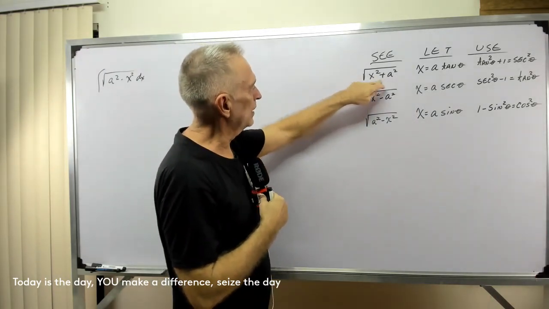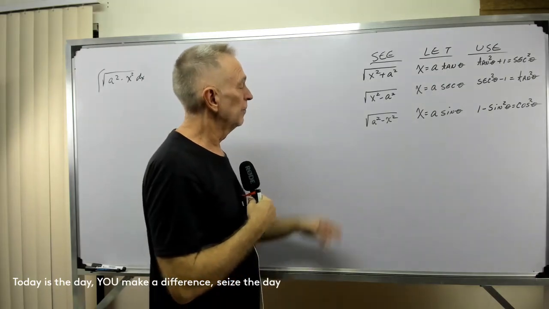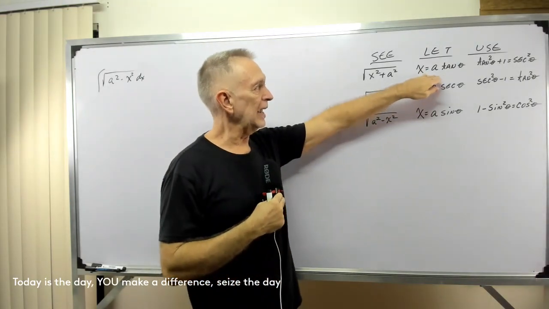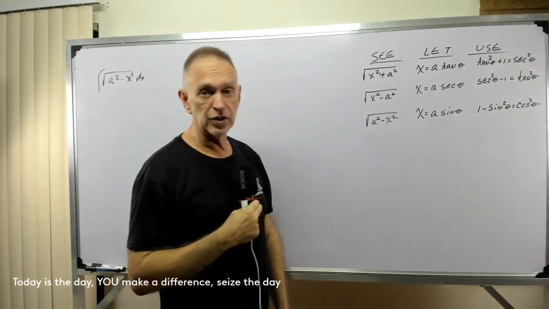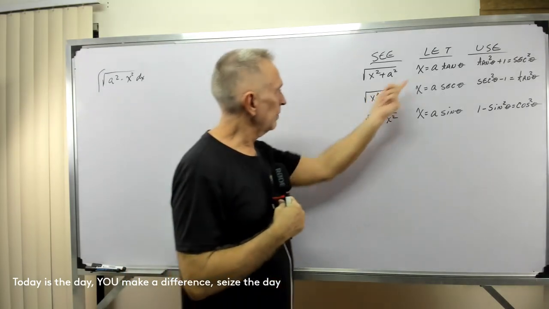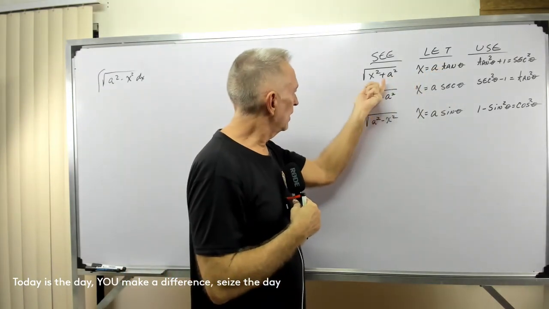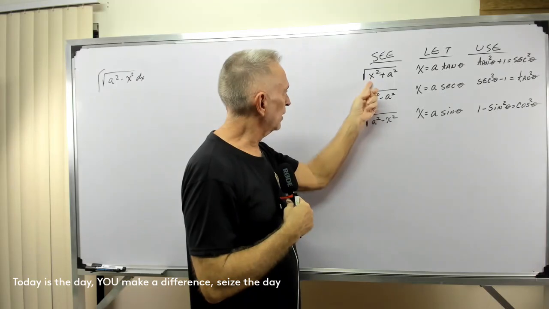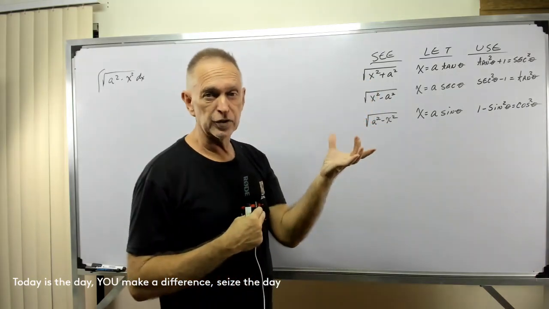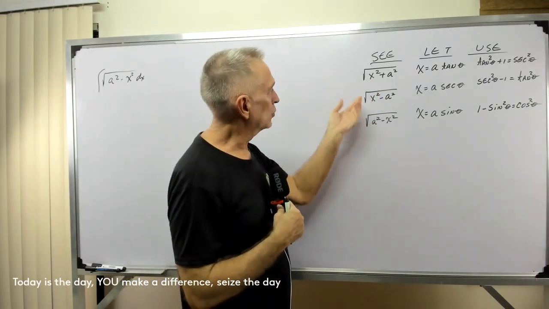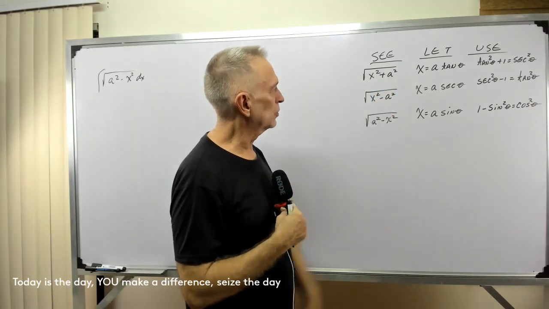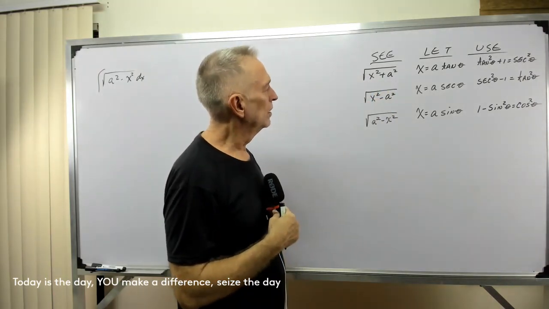If you just see x squared plus a squared, you would let x equal a tangent theta. So just imagine you're putting in a tangent theta for x and then squaring that parentheses. You end up with a squared tangent squared plus a squared, all under the radical.